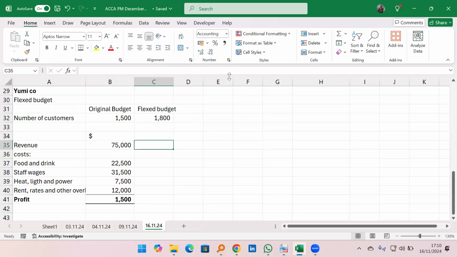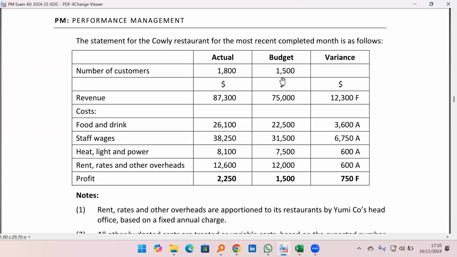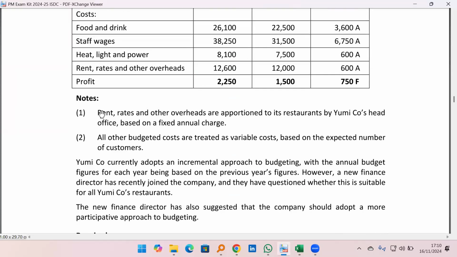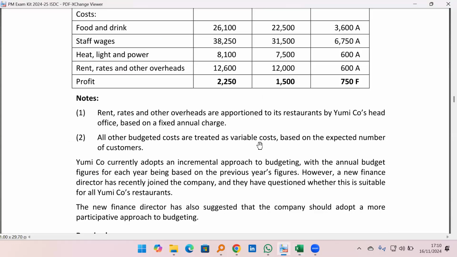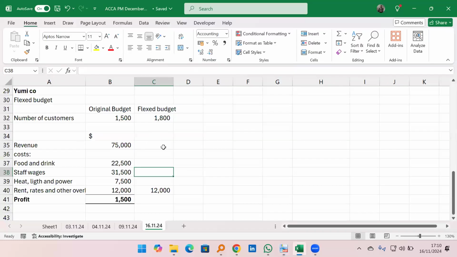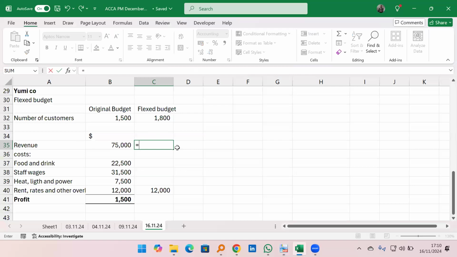Now, of course, they said that the only thing that is fixed is rent, rates and other overheads, which means that those ones, we can just copy them here, no problem. Everything else is treated as variable. So this is 75,000, for 1,500 customers.